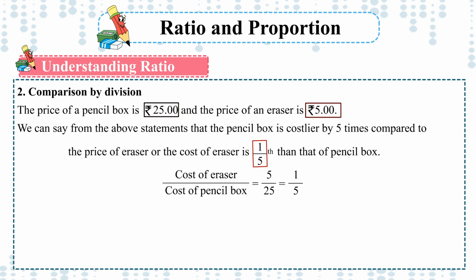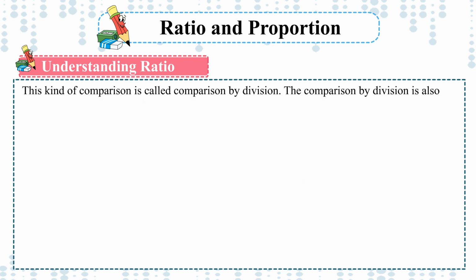Cost of eraser upon cost of pencil box is equal to 5/25 is equal to 1/5. This kind of comparison is called comparison by division. The comparison by division is also called ratio. So, cost of eraser ratio cost of pencil box is equal to 1/5.